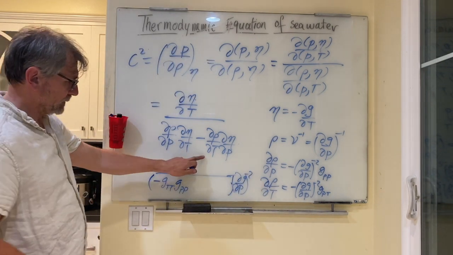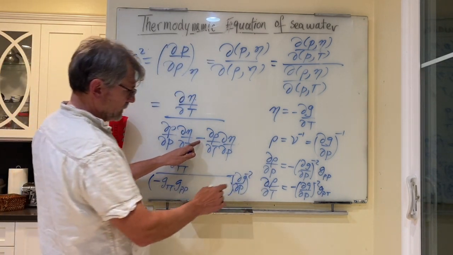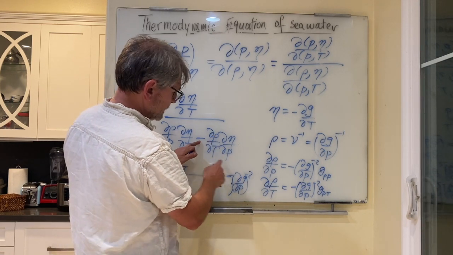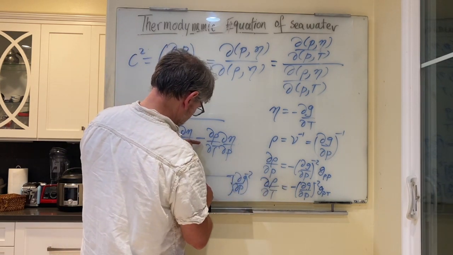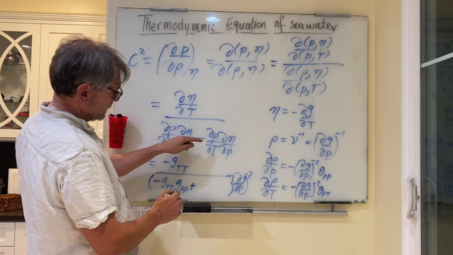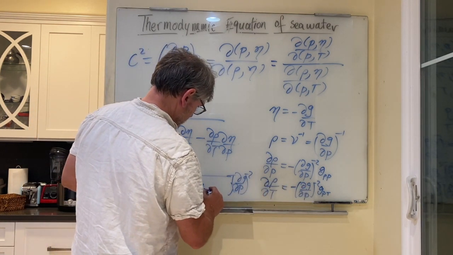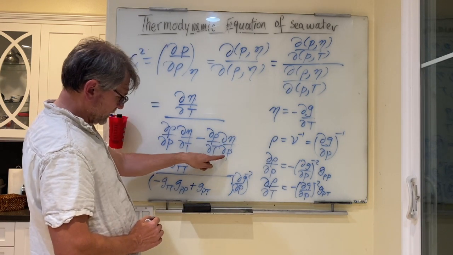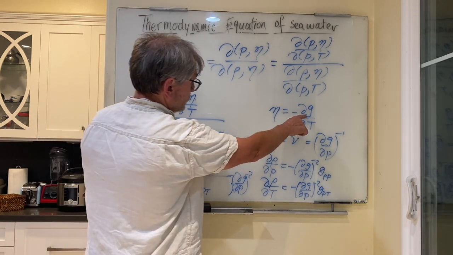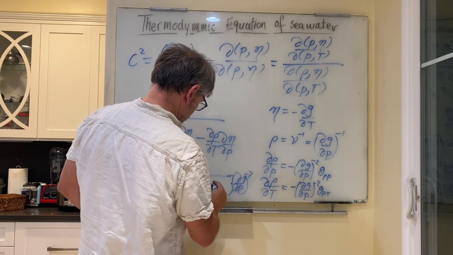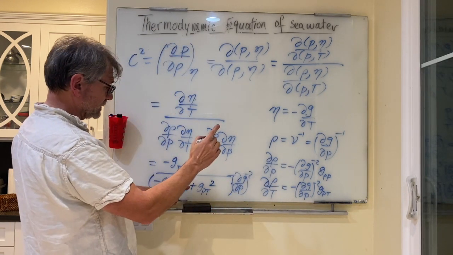And then for this one, I have a minus, and d rho dt, I get another minus, makes it a plus, and it becomes a g pt, and then d eta dp becomes g pt, so another one, and then I have a minus.